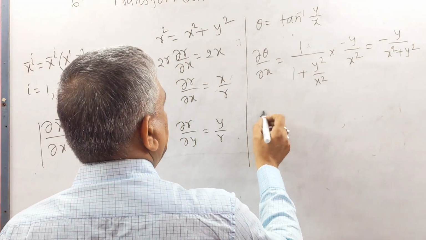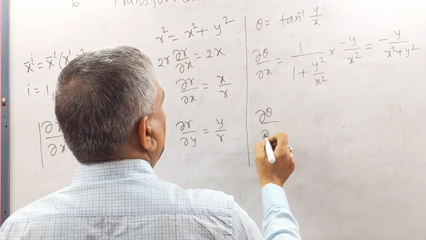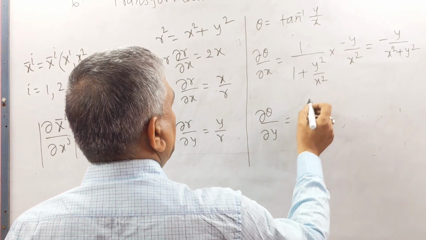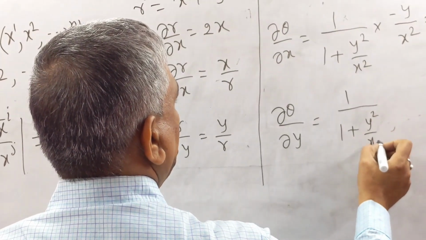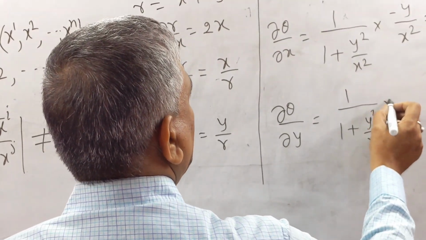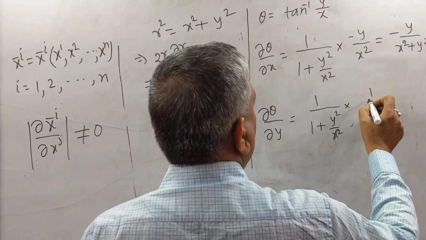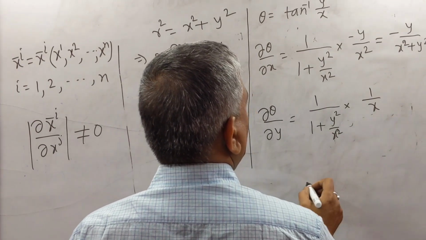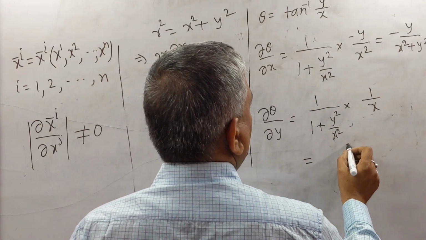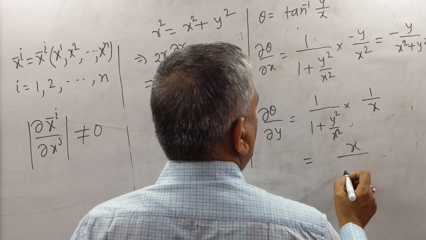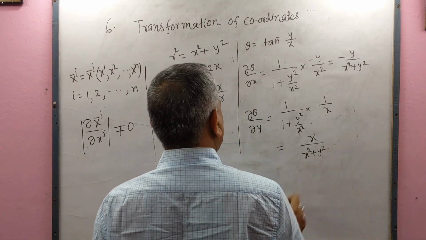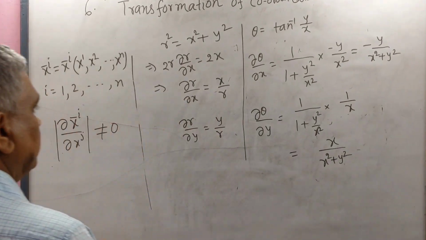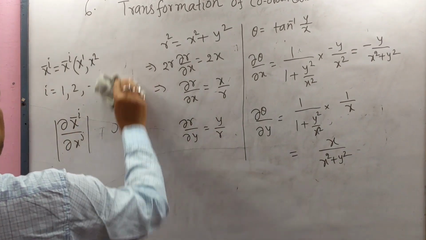Again, del theta by del y equals 1 by 1 plus y square by x square into 1 by x, that is x by x square plus y square. Now we examine the Jacobian.